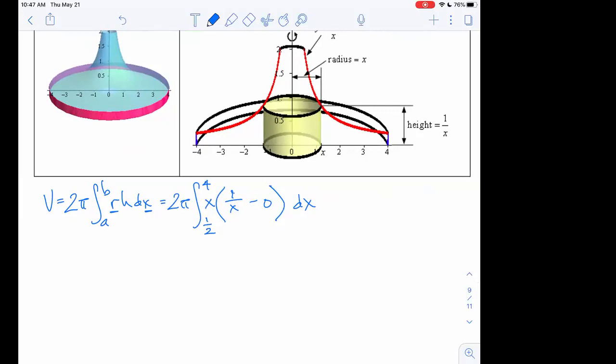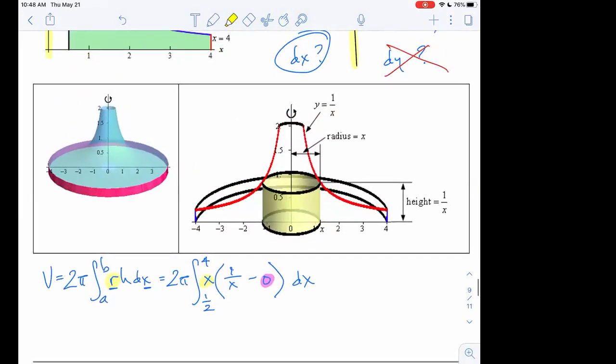Yeah, can you explain where the x and the minus 0 are coming from? Where this x is coming from? Correct, yeah. Okay, and then this 0? Yeah. Okay, yeah, for sure. So the x is the radius, all right?